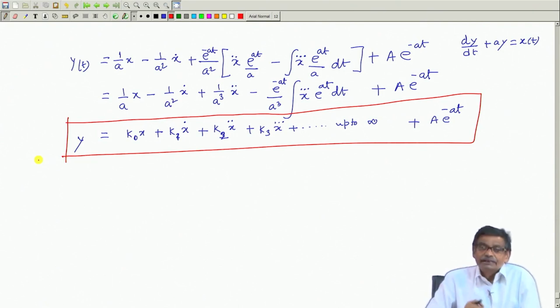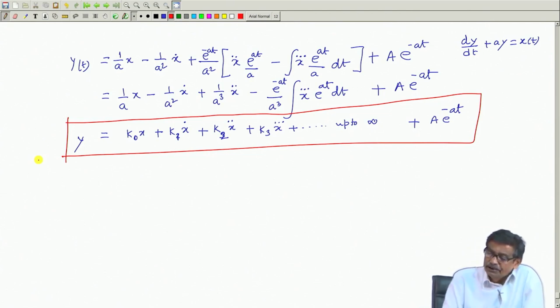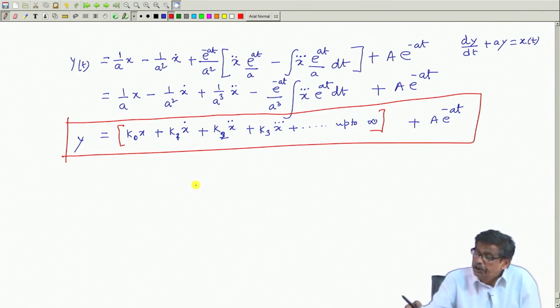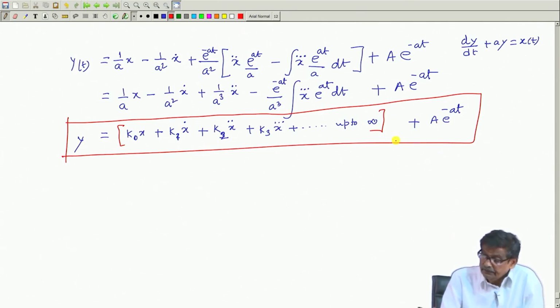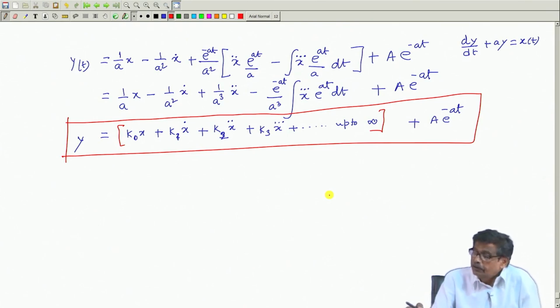Now, in language, if you look at this, you will see that this solution has got two parts. One part depends on the input and its higher order derivatives up to infinity, plus another term which does not depend on the input signal x t, but depends on the system characteristics, R by L for example in case of an RL circuit, where this a is the system constant.